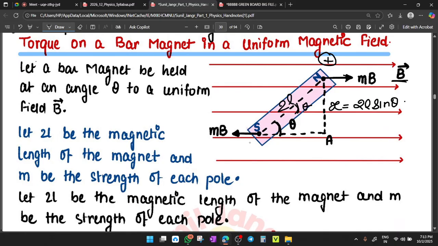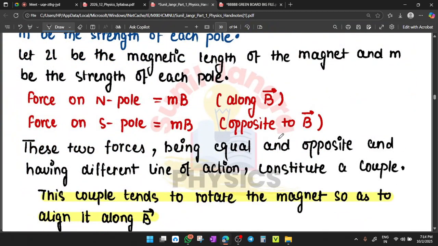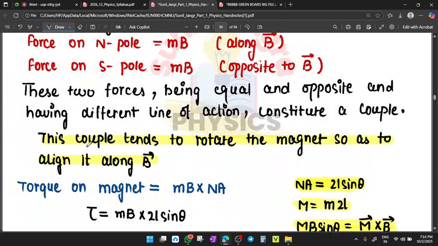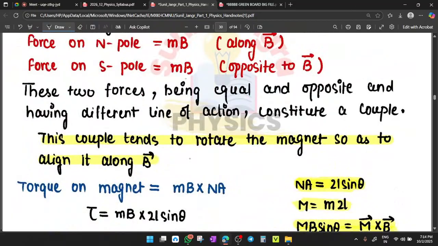But the south pole is negative, so the force acts in the opposite direction of B. These two forces are equal and opposite with different lines of action. Remember, this line is very important: torque acts only when the forces have different lines of action.